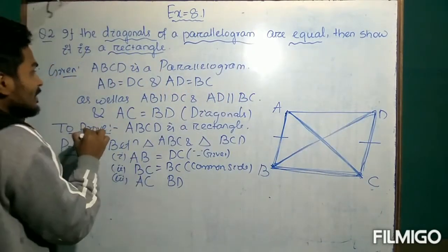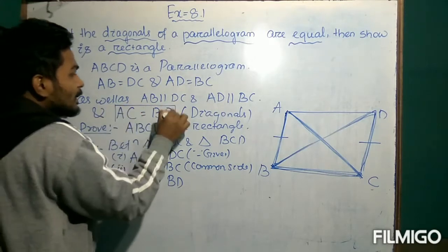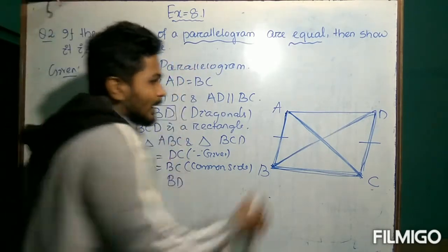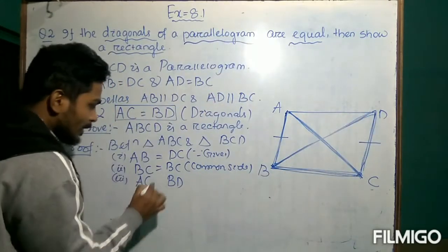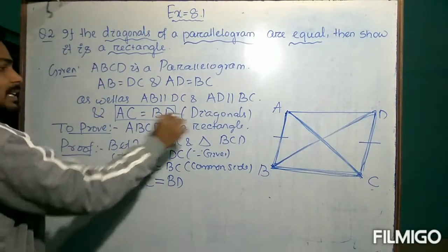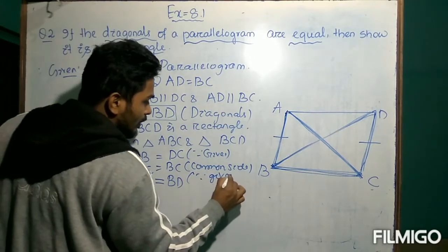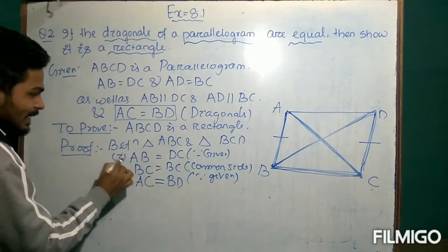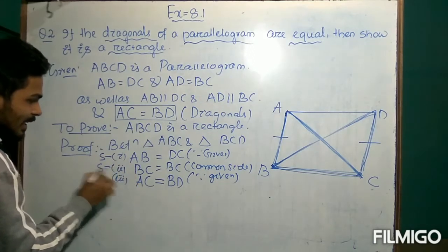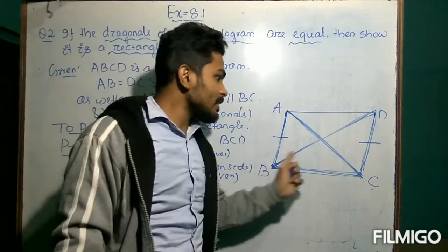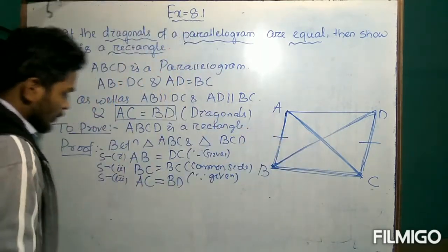But it is already given that AC is equal to BD. The two diagonals are equal. Already it is given in this question. So we can write AC is equal to BD because it is given. The diagonals are equal. So this is a side, this is a side, this is a side. By SSS congruency, we can write that these two triangles are congruent.